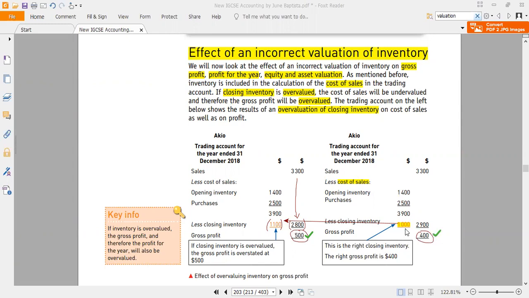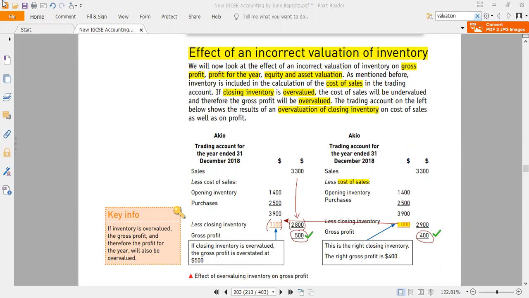If your closing inventory is low, suppose instead of writing 1000 you are writing 900, you can see 3900 minus 900. When you subtract it, you will get 3000. You will be getting a profit of 300. So if the closing inventory is lower, your profit will also reduce by 100.